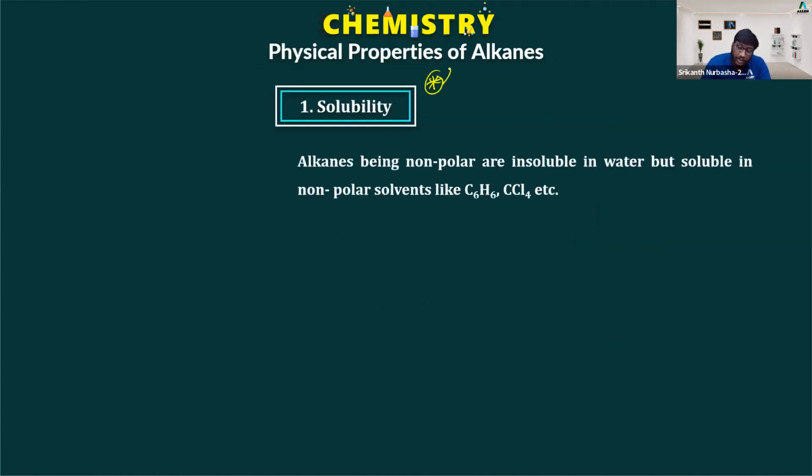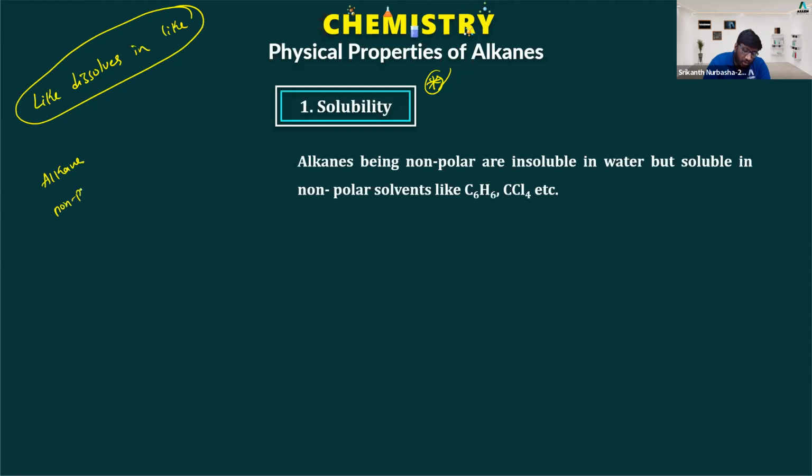And then come the properties, physical properties and chemical properties. If you look at physical properties like solubility, alkanes being non-polar are insoluble in water but soluble in non-polar solvents. Like dissolves like. This is always applicable. Yes or no? Alkanes are non-polar. If you take a non-polar solvent, the non-polar alkane molecules will develop new interactions with the non-polar solvent molecules.